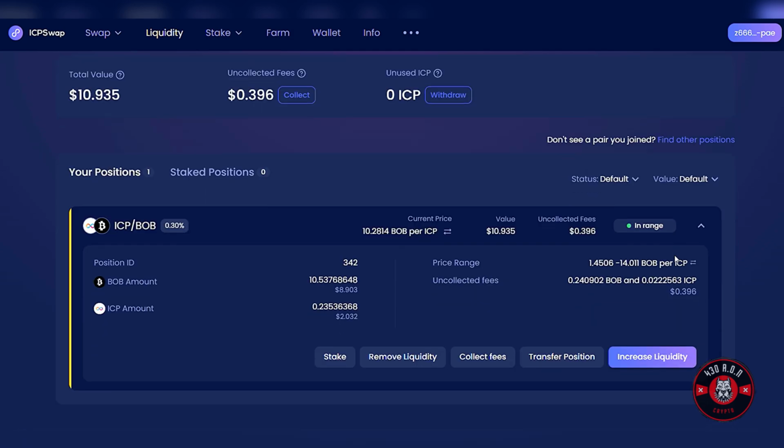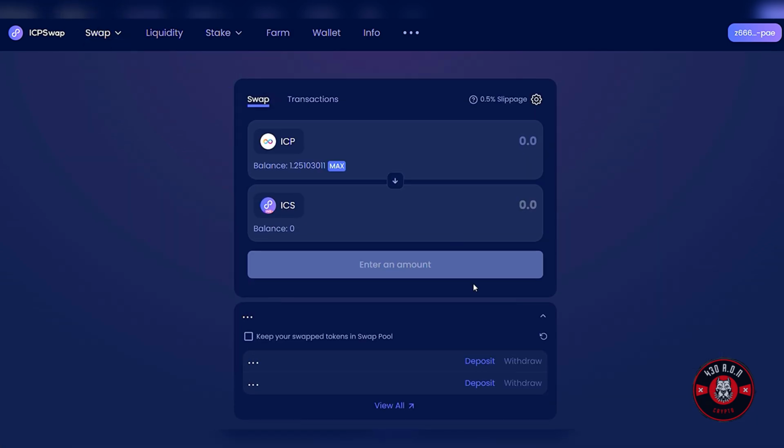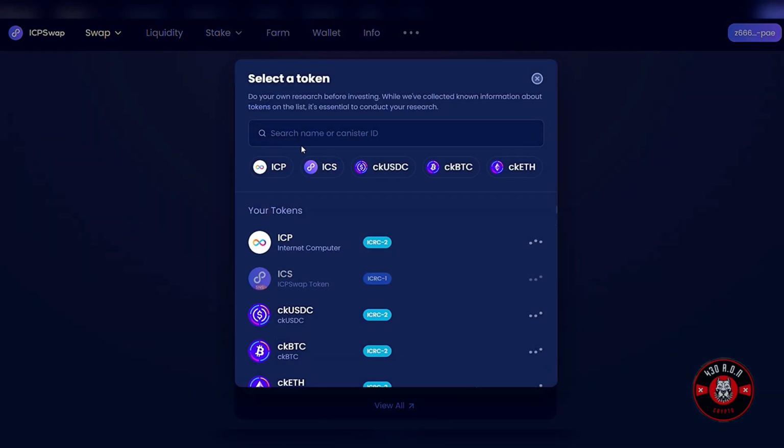So what I wanted to do today, guys, was a simple increase liquidity. I had about 17 bucks here when I first started. It's down about 7 bucks, but I've generated a good 40 cents on LP. So I want to increase liquidity, but before I do that, I want to make sure that I have the proper ratio of ICP and Bob token.